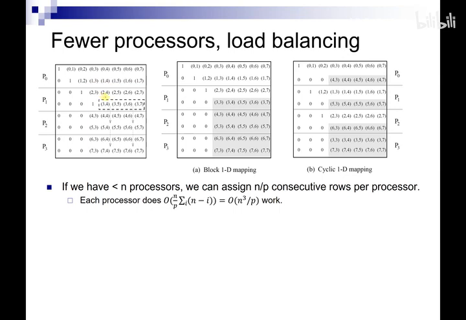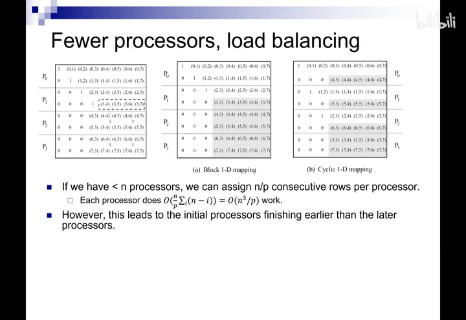P1 over here needs to run 3 cycles. But these later processes need to run more cycles before they can finish. And as soon as they finish, they're going to idle. Therefore the initial processes are going to finish earlier than the later processes.